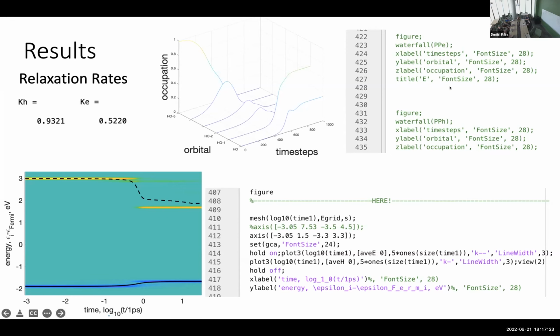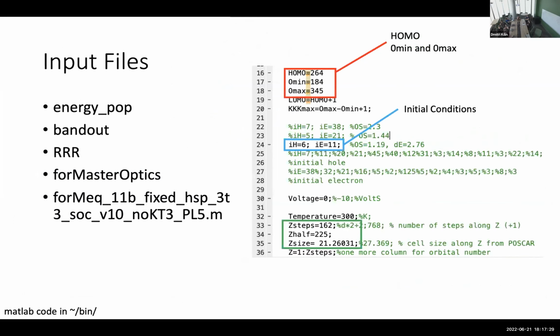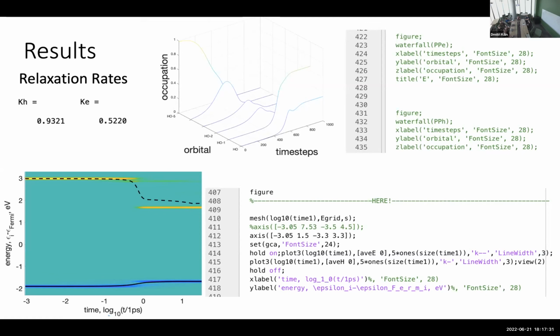I included the code that generates both the hole and the electron graph, although I'm only showing the hole graph. So the major thing is this waterfall, which is describing the type of graph that it makes, and then the PPE or PPH, which is the population of the hole or electron, which was discussed a couple talks ago.